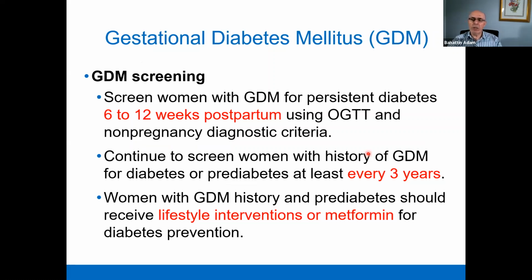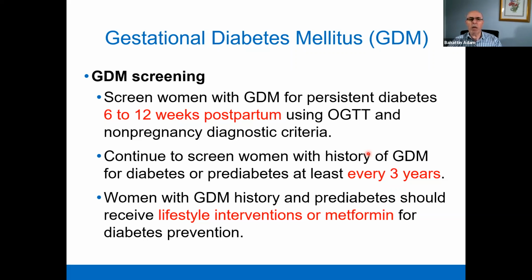What can we do in terms of screening? Your patients may seem like healthy patients, but for females who are planning to get pregnant, you have to do a screening test.